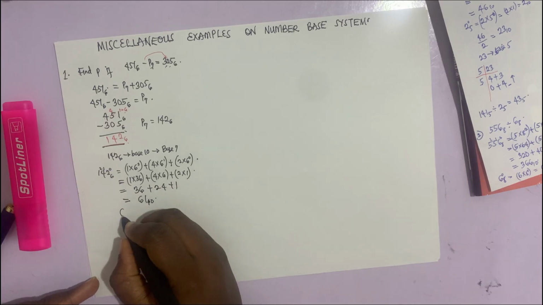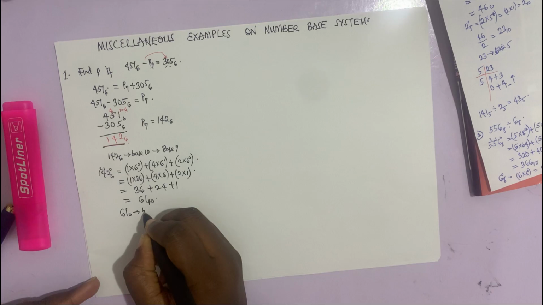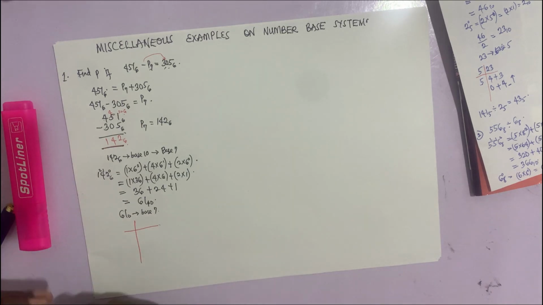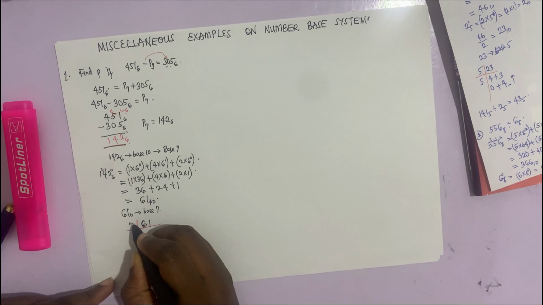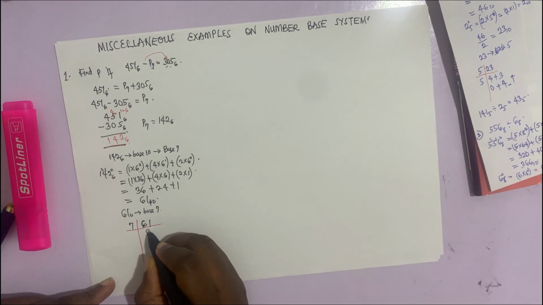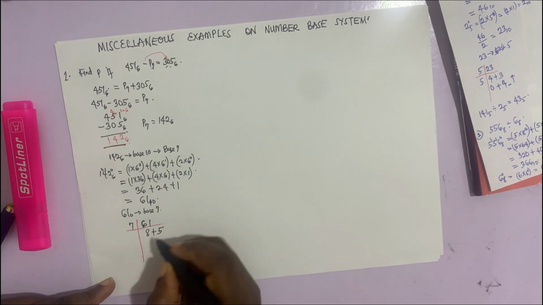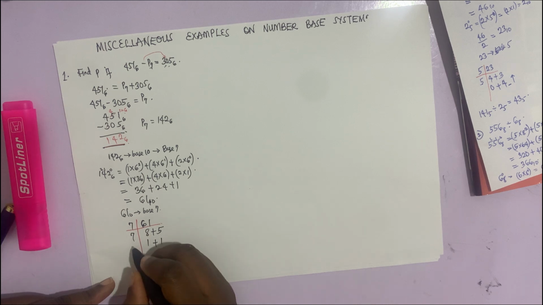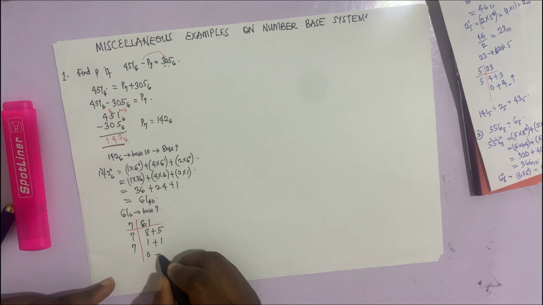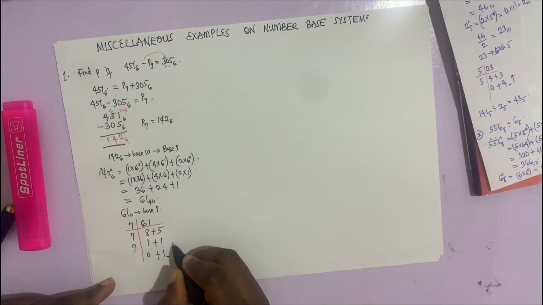So converting 61 base 10 to base 7, we continuously divide by 7. So 61 divided by 7 will give us 8, remainder 5. 8 divided by 7 will give us 1, remainder 1. 1 divided by 7 will go 0, we have a remainder of 1.